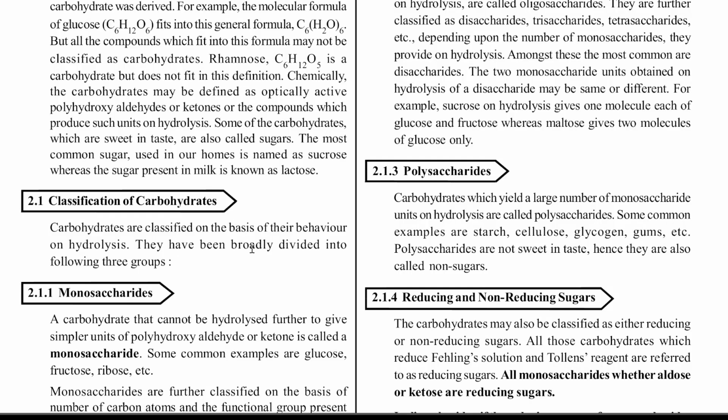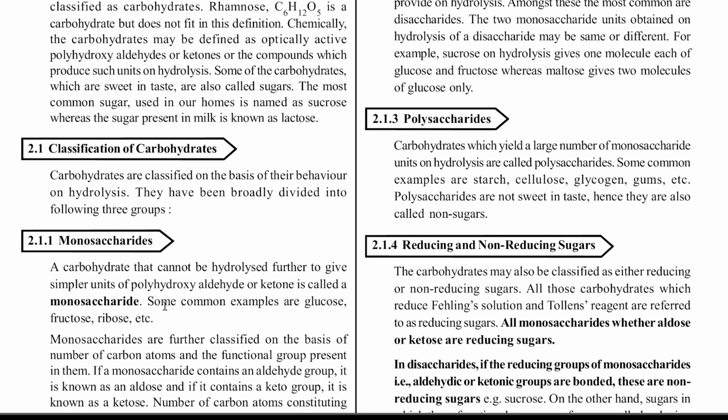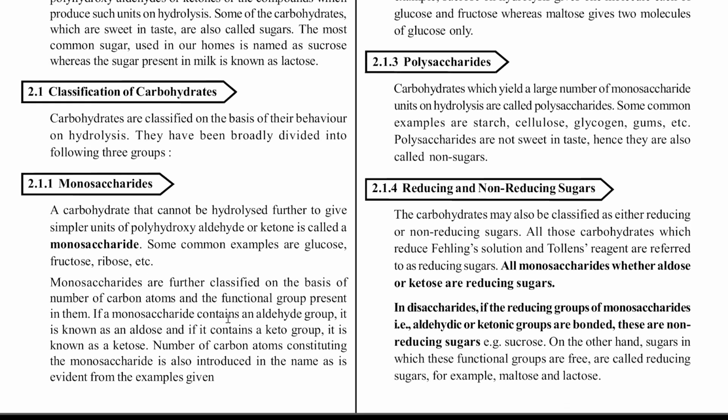Now, classification of carbohydrates. Carbohydrates are classified on the basis of their behavior on hydrolysis, that is, how many units they yield on hydrolysis. Monosaccharides are the first type of carbohydrates. They cannot be hydrolyzed further and they are the simplest form of carbohydrates, for example, glucose, fructose, and ribose.